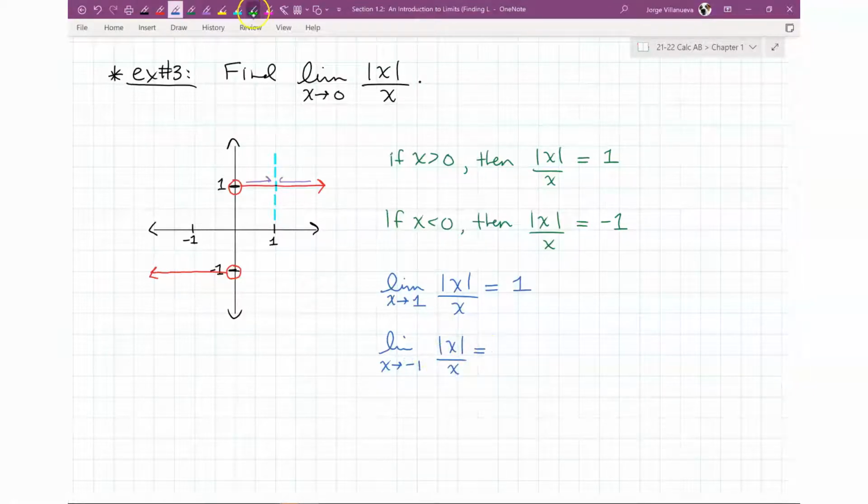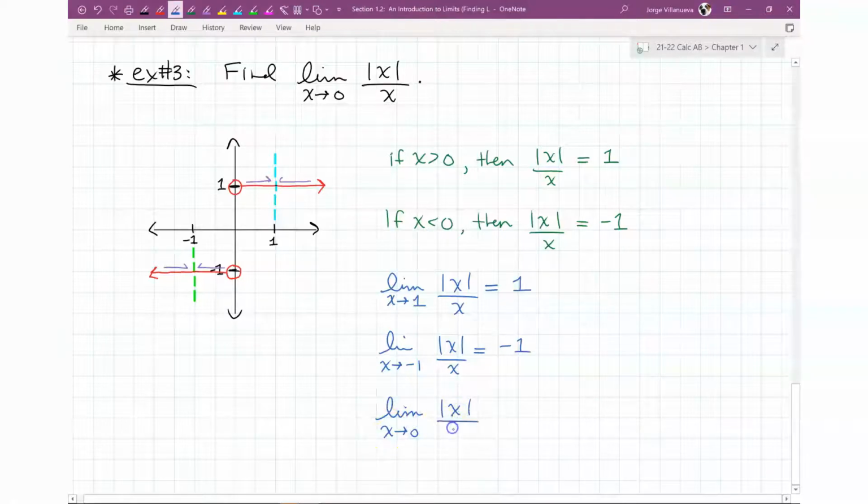It would be negative 1, right? So if you want, I can create these little things right there. As they crash towards each other from the left and the right side, you see that the height they're going to be at is negative 1. So this limit would be negative 1. Okay? So, all right, let's go back to the original question.